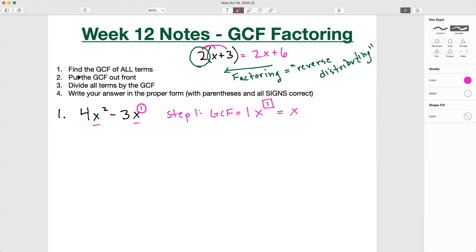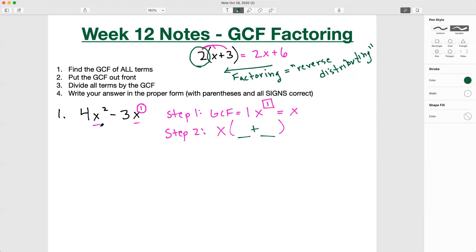Step 2, you put the GCF out front. So you take this GCF, you put it out front of the parentheses. That's going to go right there. And then you're going to have something that looks like that. For step 3, we need to figure out what is going to be going right there and right there.